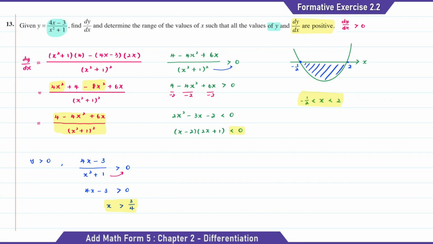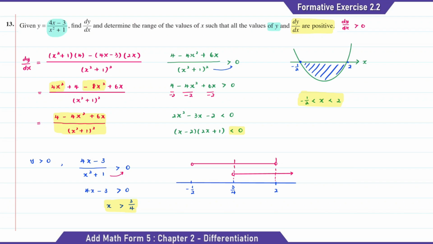To find the range of values of x that satisfies y and dy/dx being positive, here I'm going to use the number line. So for the range x greater than 3 over 4, it will be on the right hand side. For the range x greater than negative 1 over 2 but less than 2, it will be the values in between this.